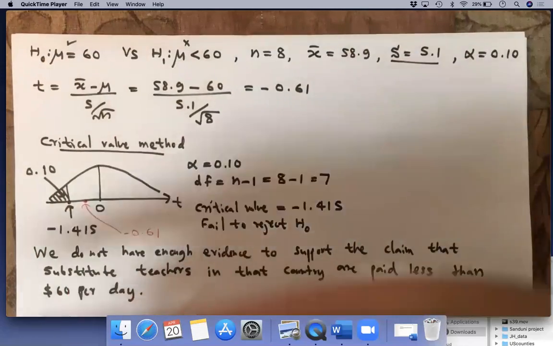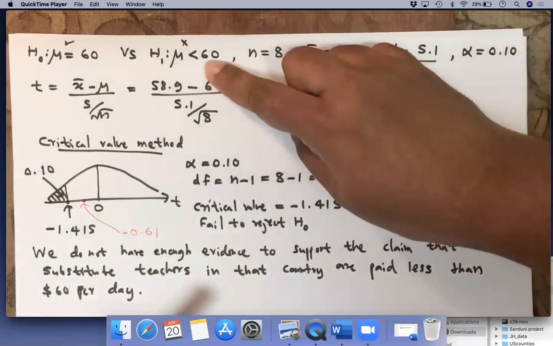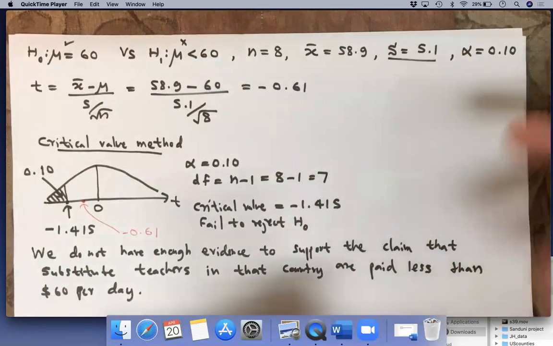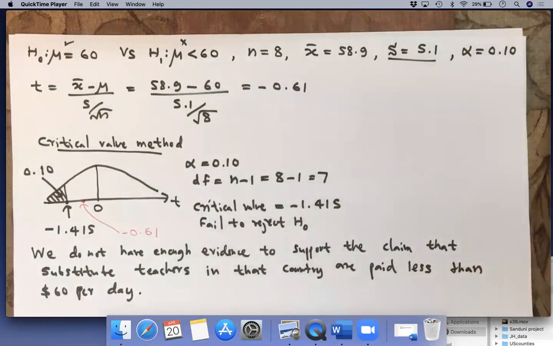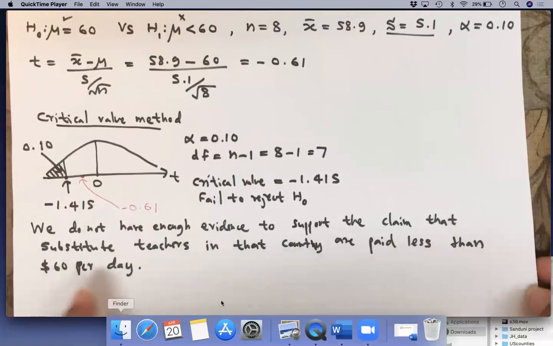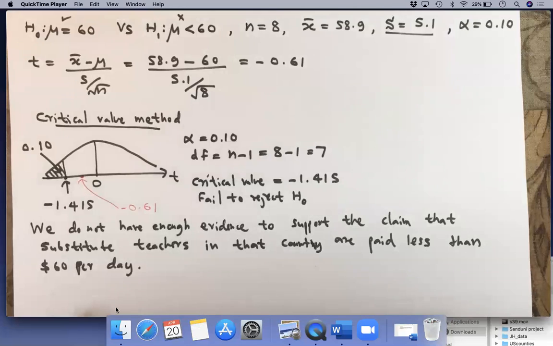So we don't have enough evidence to support the claim that the substitute teachers in that county are paid less than $60 per day. That is the conclusion for this example, substitute salary.